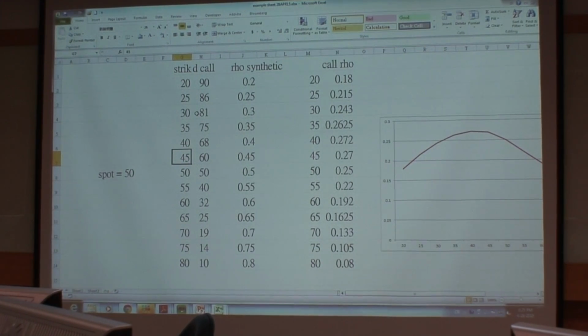So we get a bit more row in the synthetic, but far less of that gets allocated to the call. So that's the effect, because gamma maximizes at the money, so the difference between strikes in delta, of course, is also most sharp at the money. So that effect makes that the maximum row already takes place prior to the at the money.